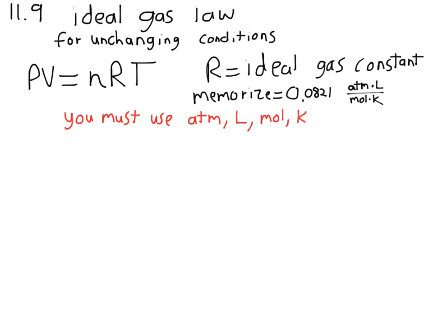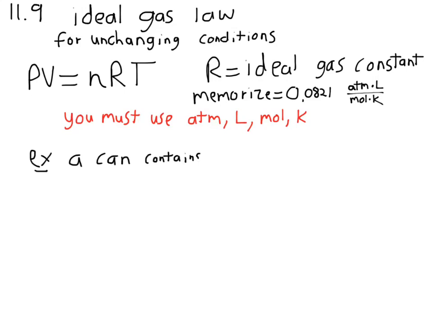If you don't, your units won't cancel out. You're basically using the wrong constant, and you'll get the wrong answer. In the combined gas law, with changing conditions with the ones and twos, use whatever you want as long as you convert to Kelvin. With this one, you have to use atmospheres, liters, moles, and Kelvin.